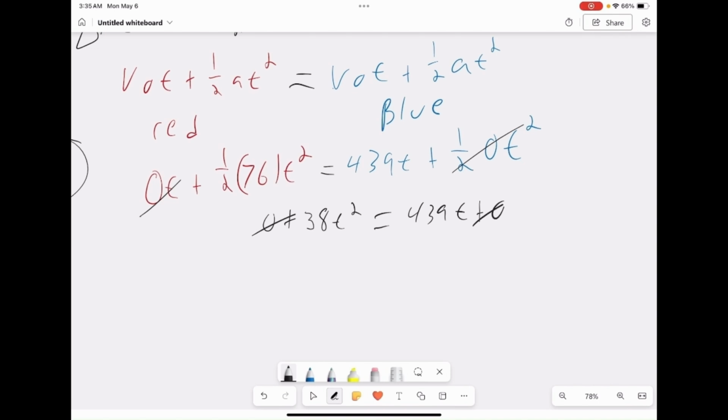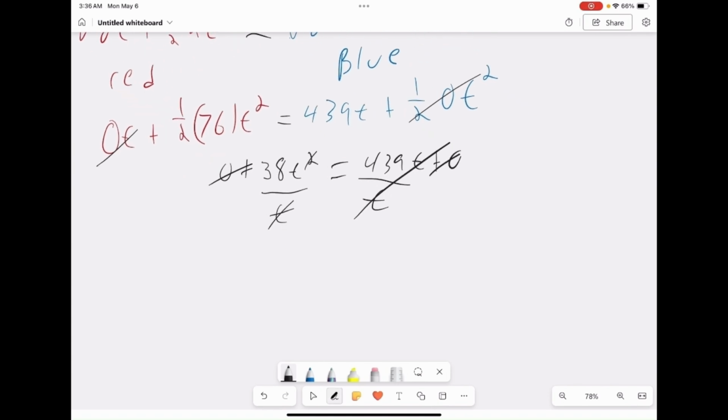Here's the thing. Notice I now have an expression where every one of my variables that's not 0 has a t in it. So I can divide this by t, I can divide this by t, kill this t over here, and remove one of those squareds. So I can now say 38t equals 439.